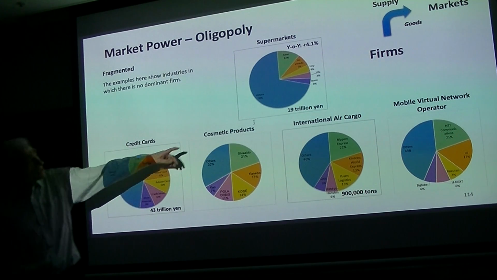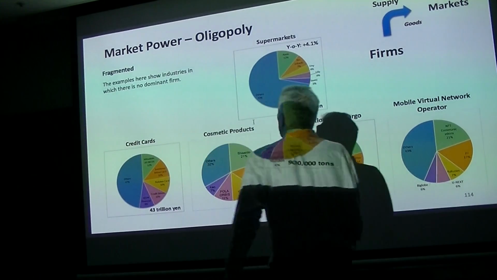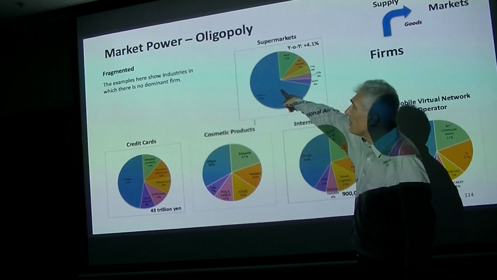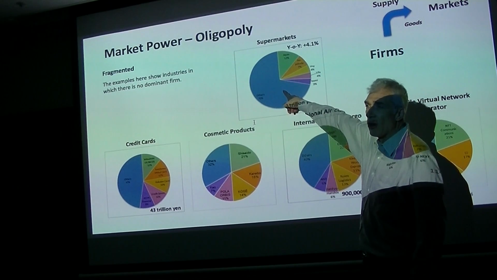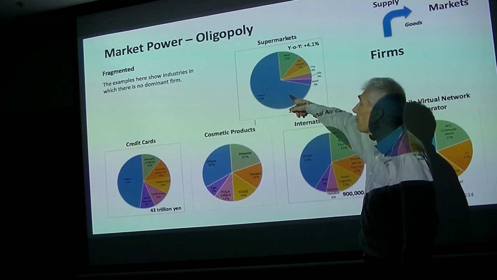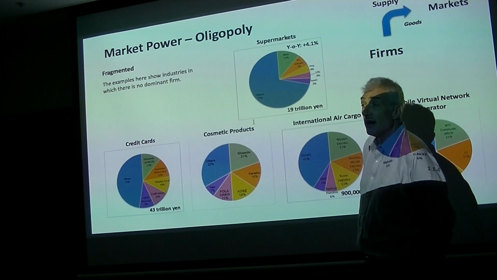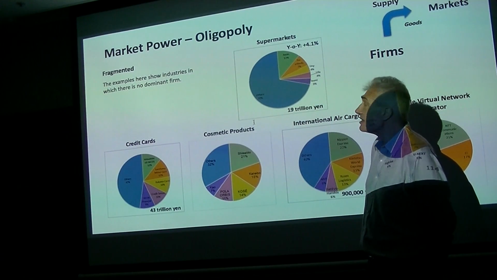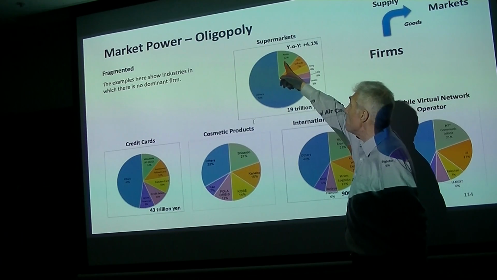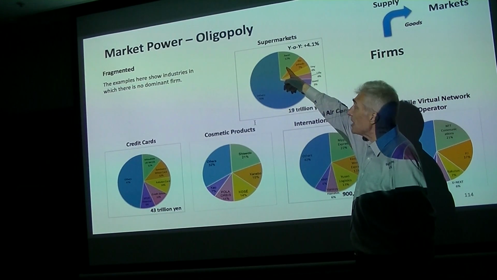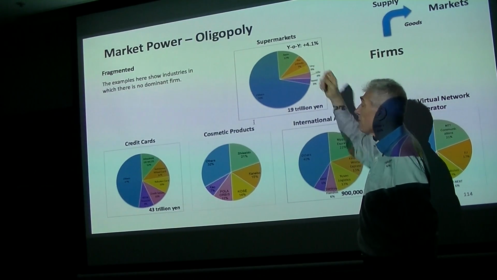Supermarkets, look at how there's no dominant player. This is a fragmented industry, not an oligopoly. Remember I talked about Aeon in my neighborhood store in the last lecture? That's the biggest supermarket retailer, and it's expanding 4.1%.